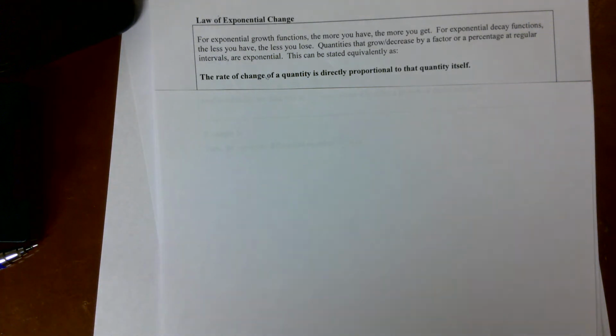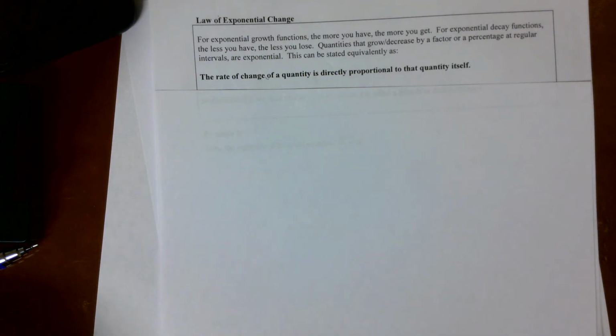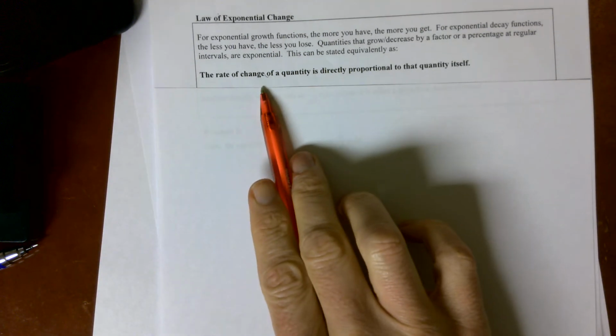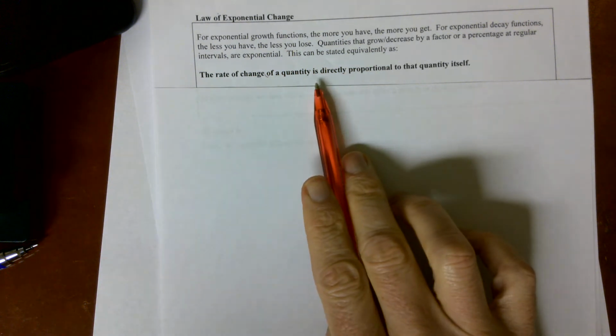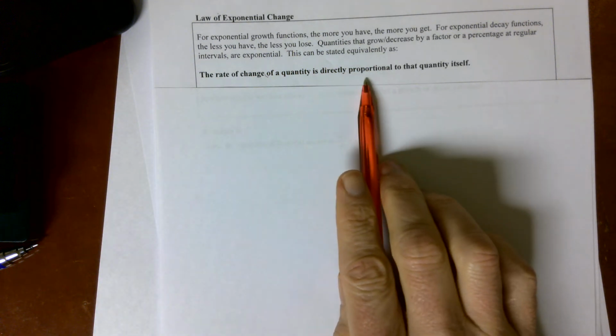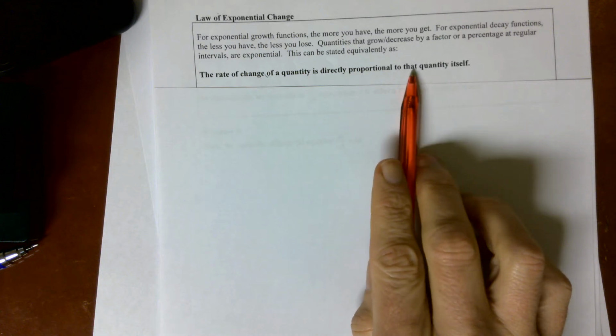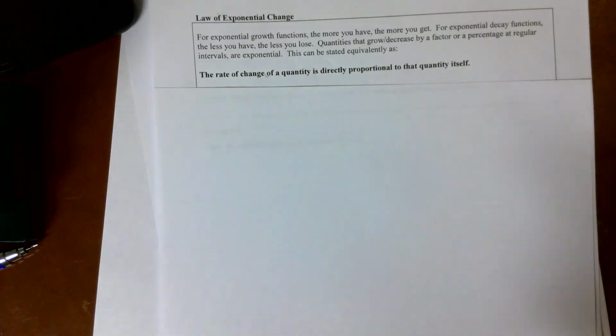But if somehow I messed up and I have 30 flies, the rate that the number of flies is reproducing is a whole lot greater. And so we officially say that by saying the rate of change of the object is proportional to the quantity itself. So it's proportional to how much stuff you have.